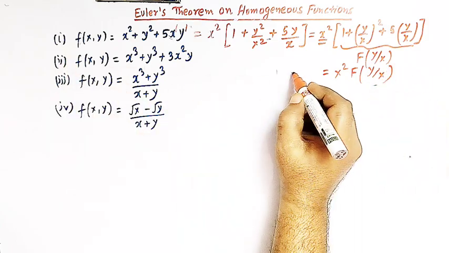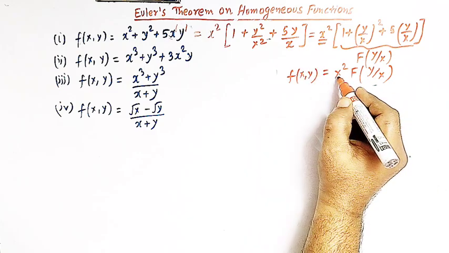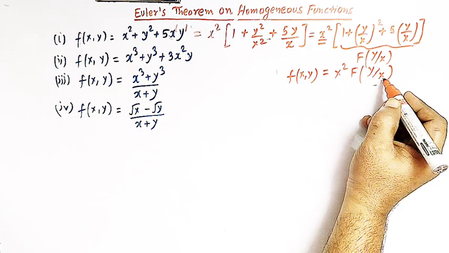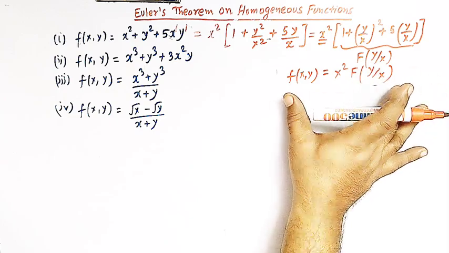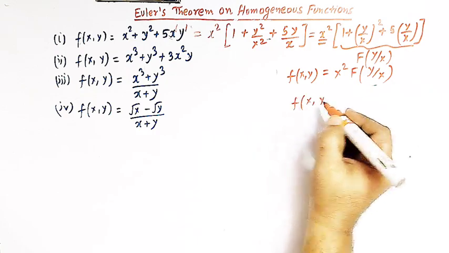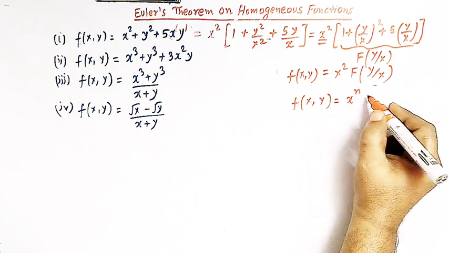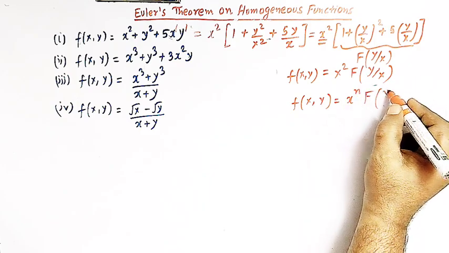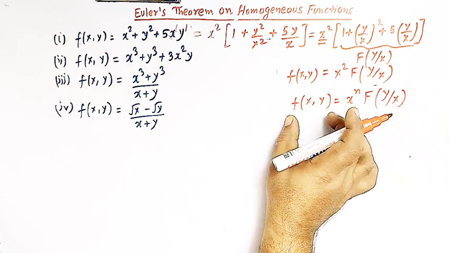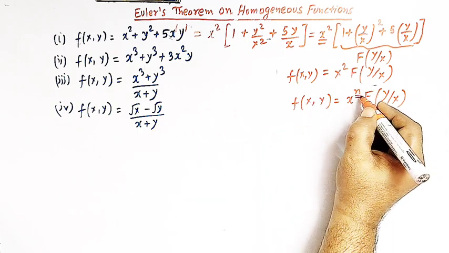So now our function small f of x comma y is equal to x square times capital F of y over x. Any function which is of this type, that is f of x comma y is equal to, say, x raised to n times F of y over x, is known as a homogeneous function of degree n.